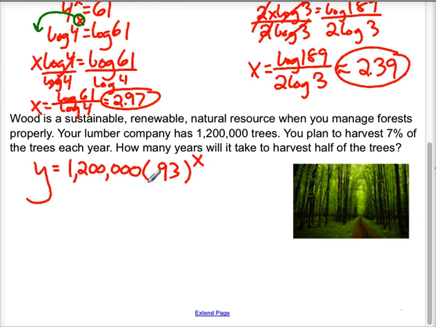So for my y, the number of trees I'm looking for, I'm looking for 600,000 trees left. Now what we want to know is how many years that'll occur. So I want to know the x that will lead to that many trees.